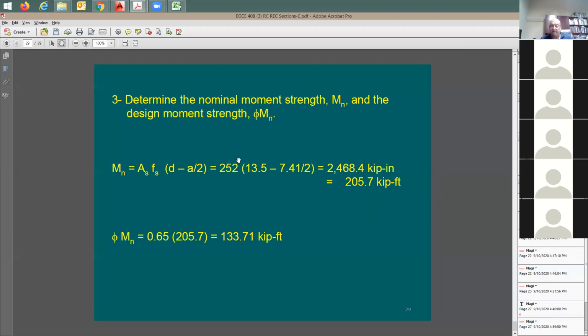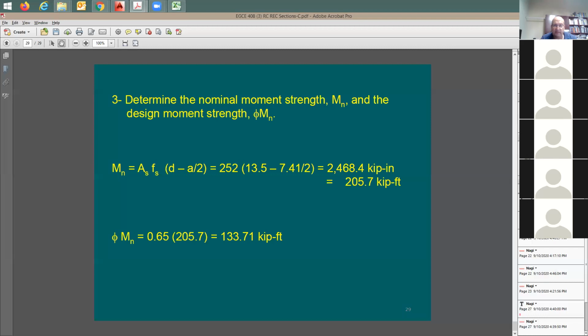You are the designer now. I guess you're going to say, I'm going to start by having the section, like 16 by 24. This is going to be the size of the beam. Now I cannot put the reinforcing unless I know how much demand I want to put on it. Once I know the demand, I'm going to start with the first A sub S, like the first estimate. We're going to be going through this in some examples.